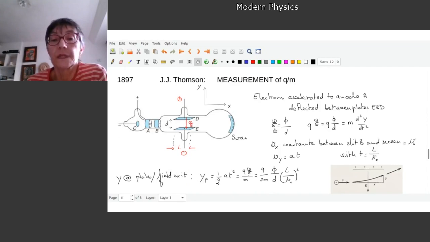I wrote it like this. E is the electric field between the two plates, and V is the potential difference between the two of them, okay? So you control that because you are applying it between them, and d is the distance between them, okay?